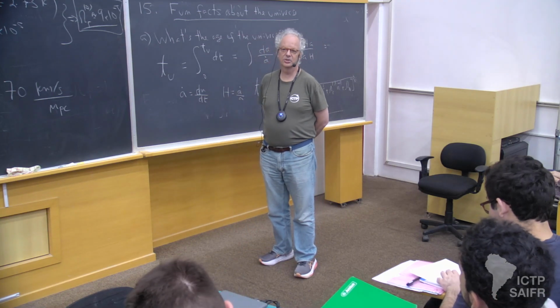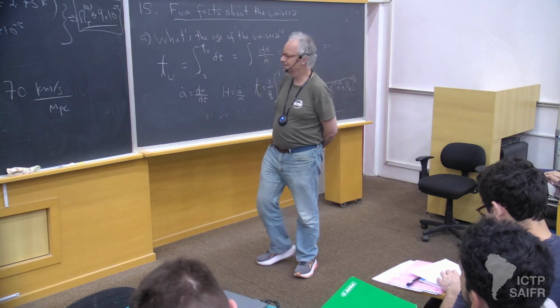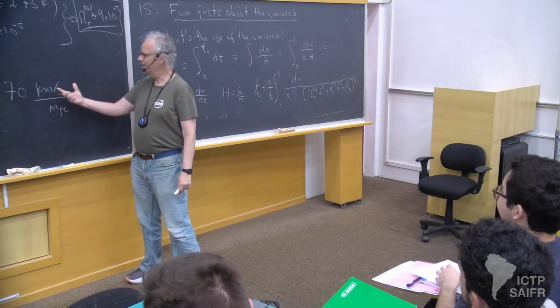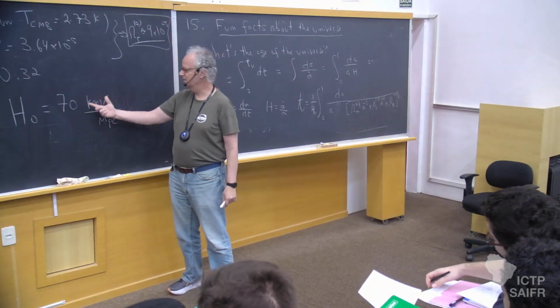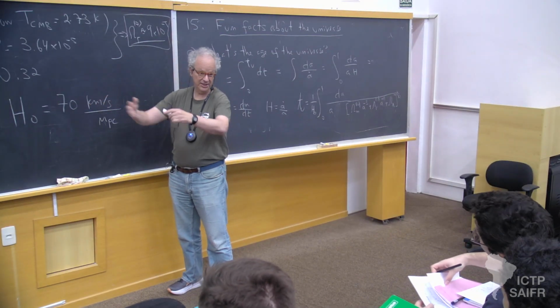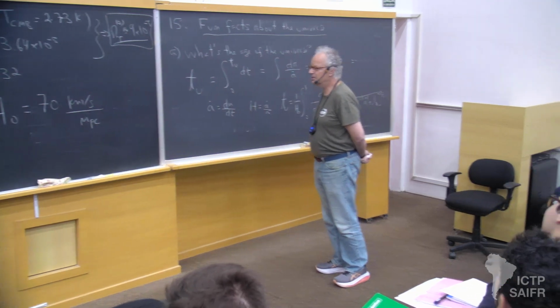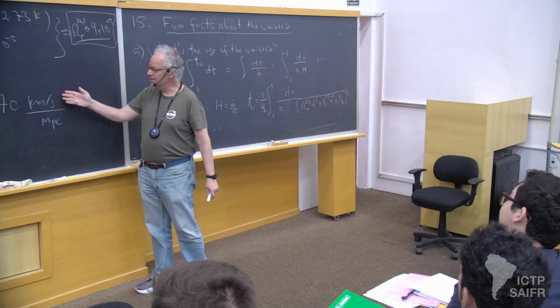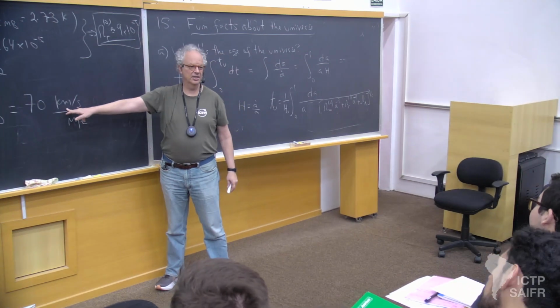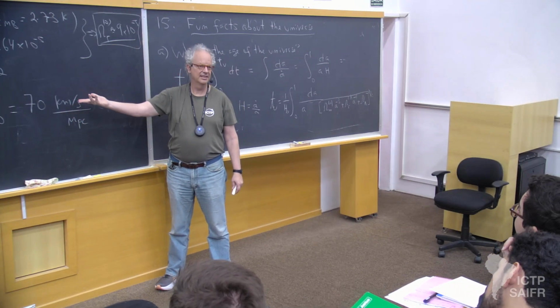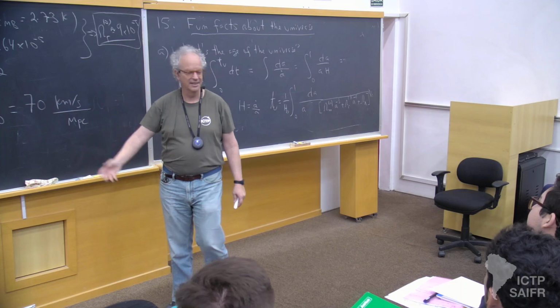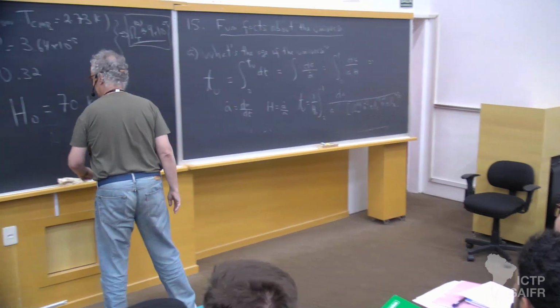This is the usual unit that astronomers like to use because they measure H0 as a ratio between recession velocity and distance. But if you notice, the dimension of H0 is that of a rate.